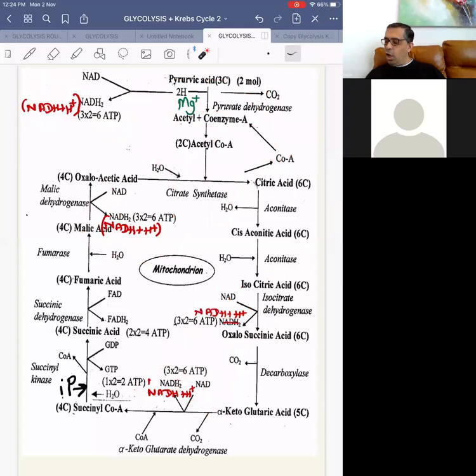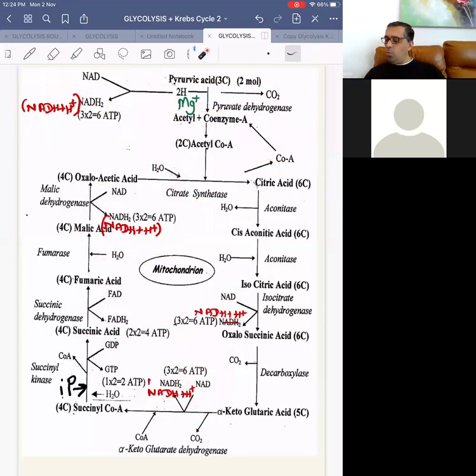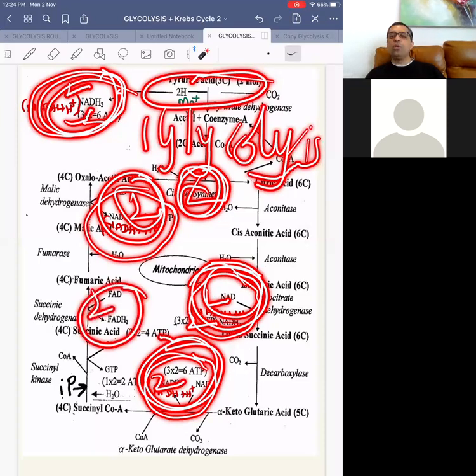And we have 2 FADH2. Here also there are 2 molecules, so 2 FADH2.